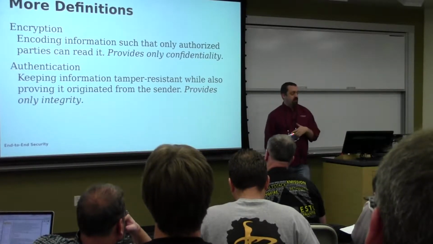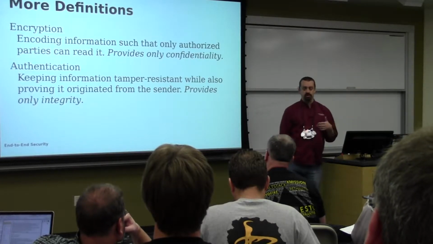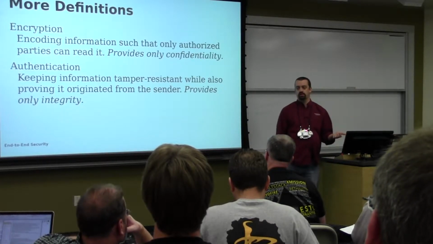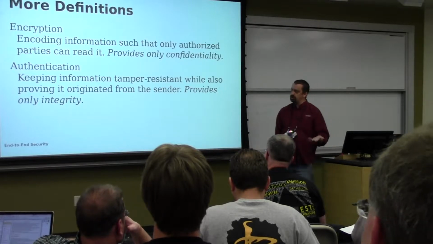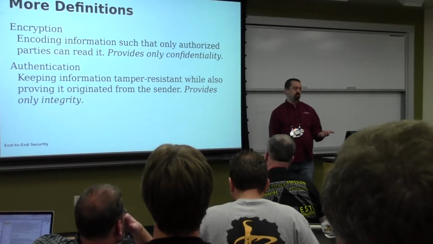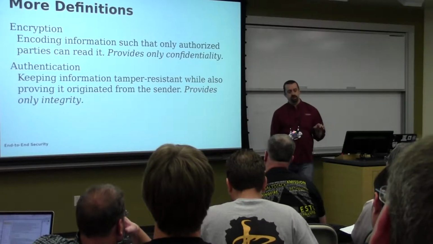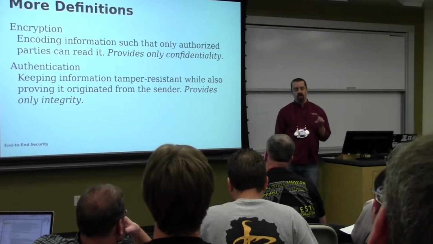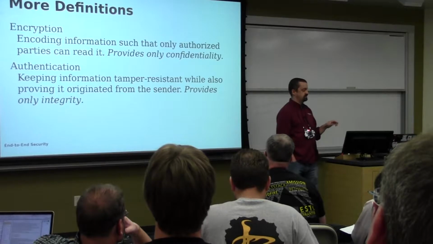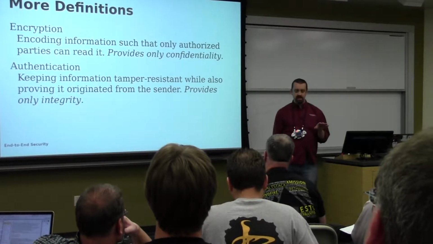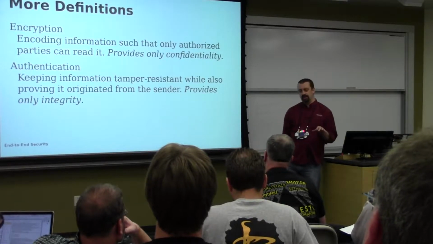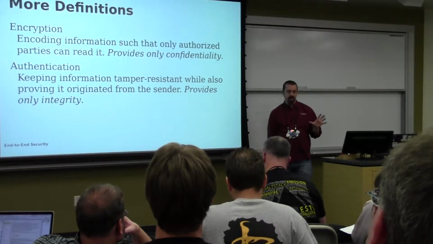It does not provide confidentiality at all. It's not within the realm of its scope. There is no encryption as part of authentication. By the way, when I'm referring to authentication, I'm referring to authenticating information, not authenticating individuals. It's a different beast. We're not authenticating users here. We're authenticating the bits that make up that information.